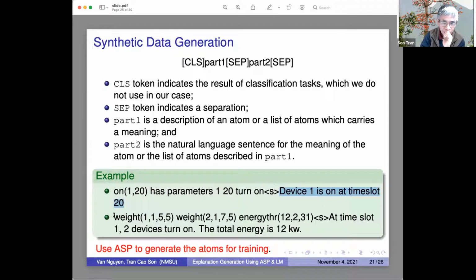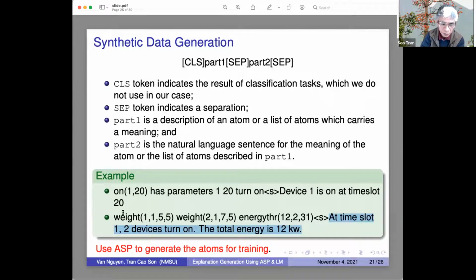Or here, like this collection of atoms, like 6, weight 1155, and so on and so forth. So here, the sentence that we want the language model to generate is at time slot 1, 2, 2 device turn on, and the total energy is 12 kilowatt. Right?